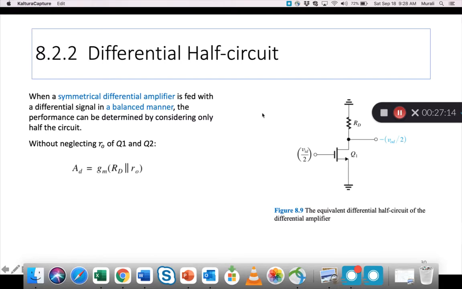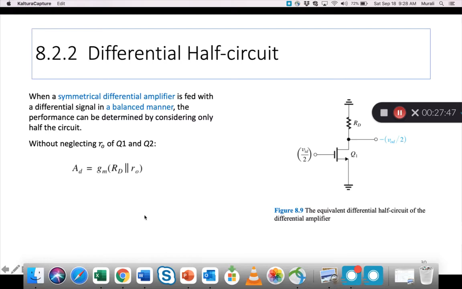This is a simplification and it sometimes helps. You can talk about something called a differential half circuit, where you just cut off the other half, focus on one half, and you can still come out with a value for the output, VOD by 2, and the differential gain is AD equals GM times RD parallel RO. Apparently, this is more useful when RO has to be considered.